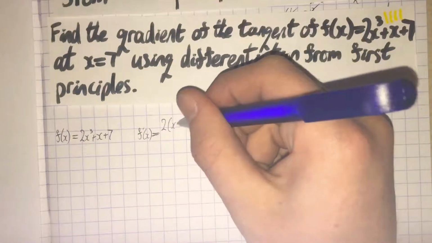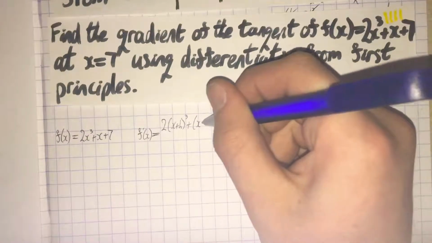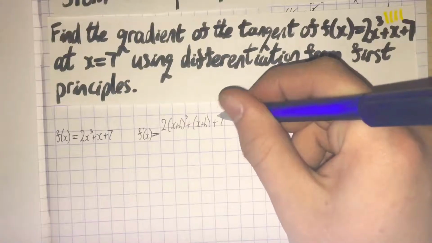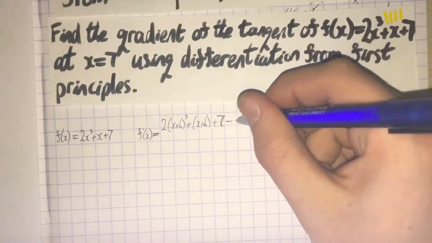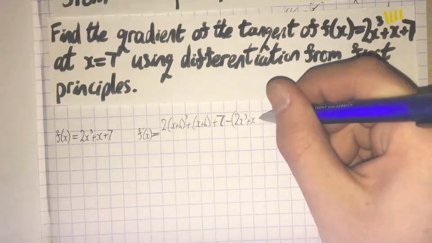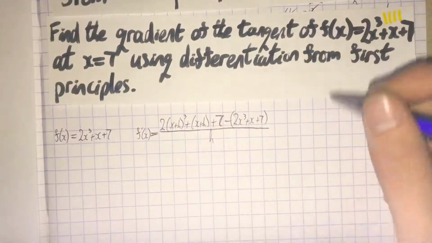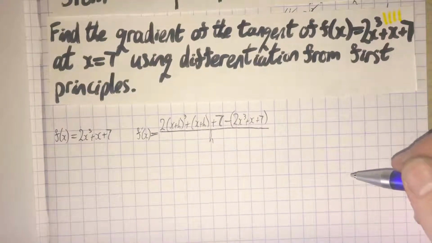So, 2 brackets x plus h, all cubed, plus, brackets, x plus h, no difference to that, plus 7, minus our current function, so minus brackets 2x cubed, plus x plus 7, all over h. Right, well, that looks rather nasty, doesn't it?